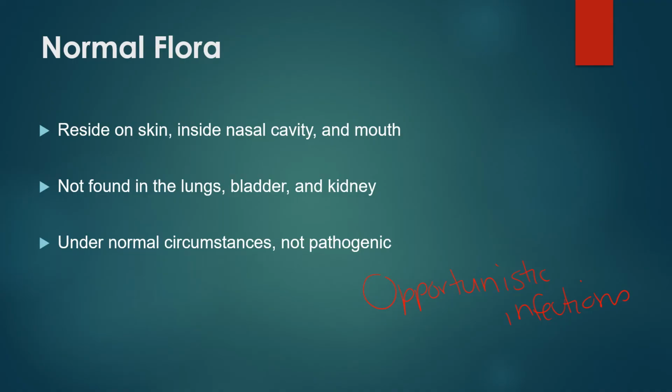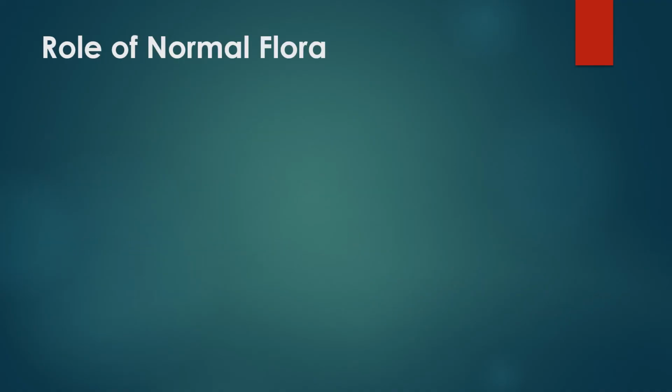So some of the roles of the normal flora, one as mentioned before, is they help to deter the invasion of other microbes. An analogy to put this into perspective is having residents in your own home, where every person has maybe a room for themselves, right? So when you have guests, you're sharing that room.